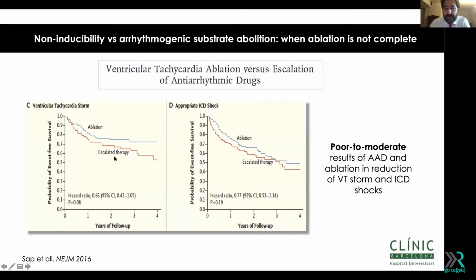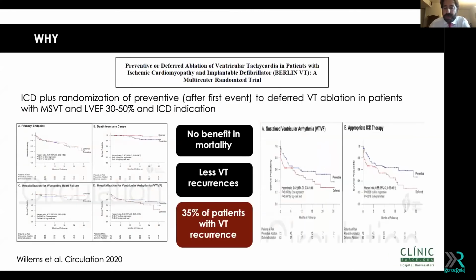We were better than amiodarone and mexiletine, but we had a lot of recurrence, more than 50% in the VANISH trial. This was in 2016. And what if you look in 2020 in the Berlin VT trial? 35% of patients had any VT recurrence. So VT ablation, it's a procedure that must be improved for sure.